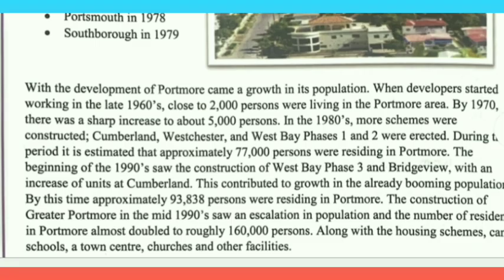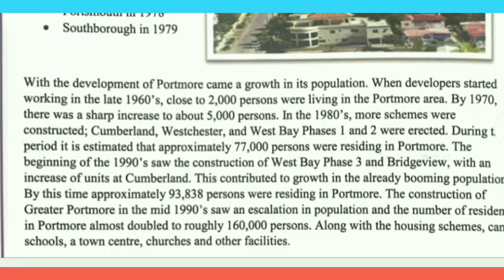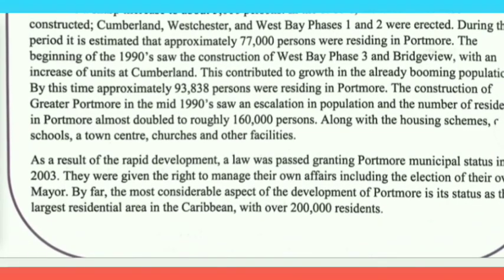The beginning of the 1990s saw the construction of West Bay Phase 3 and Bridgeview, with an increase of units at Cumberland. This contributed to the growth in the already booming population. By this time, approximately 93,838 persons were residing in Portmore.